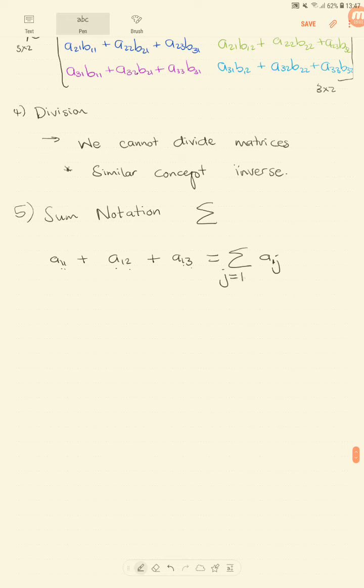So j would be equal to 1 because we start counting at 1, and we count up to 3.